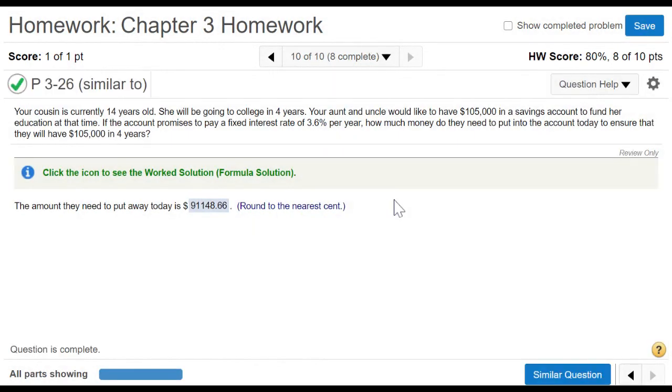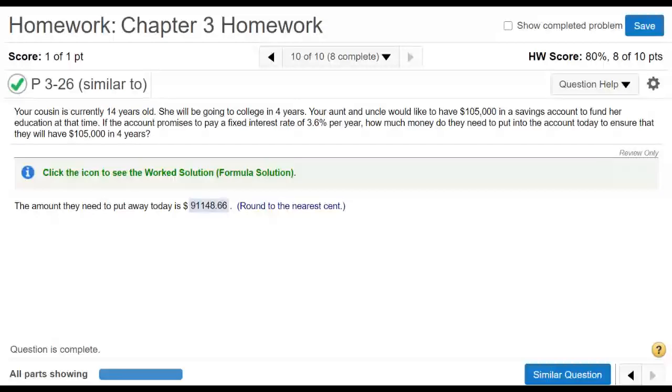Now, keep in mind, this is where the confusion comes in, right? When someone is asking you how much they need to put in the account today, that's telling you that they want to have a certain amount in 4 years.